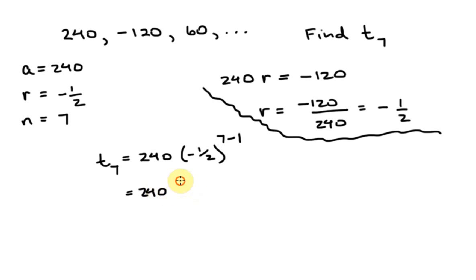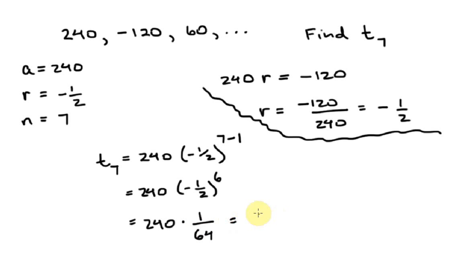You don't want to make any mistakes at this point. Negative 1/2 raised to the 6, and this is going to be 240 times that. Negative 1/2 raised to the 6 has an even exponent, so I'm not going to worry about the negative because I know I'll get a positive answer. On the top, I'm going to have 1. And on the bottom, 2 times 2 times 2 times 2 times 2 times 2 is 64.